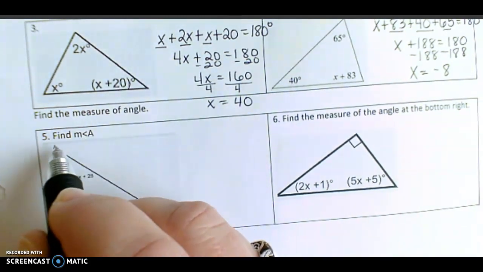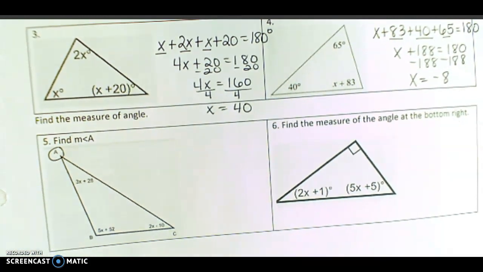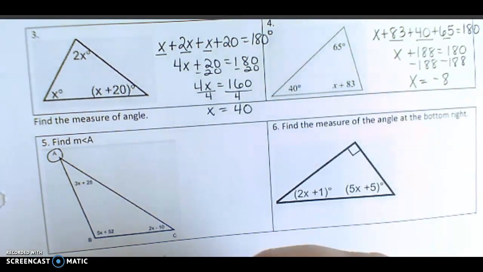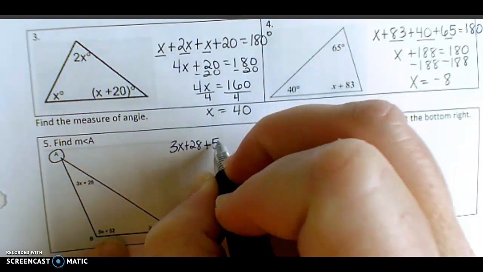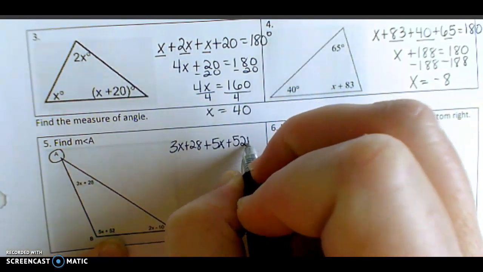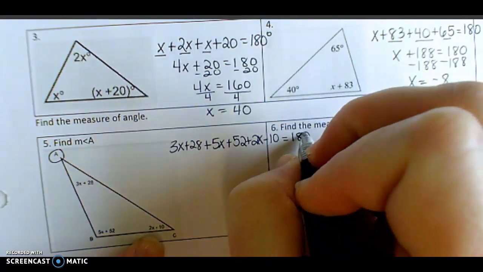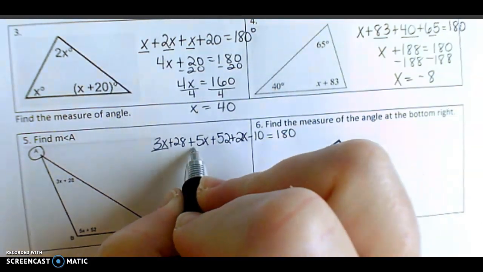Alright, on the next 2 problems, it asks you to solve for actually a certain angle. So like on number 5, it says to find the measure of angle A. First we're going to have to figure out what x is, and then we'll go back and figure out that angle. So we're going to add these together. 3x plus 28 plus 5x plus 52 plus 2x minus 10 equals 180. Sorry, that's going over the whole picture there. Alright, we're going to add our x's together.